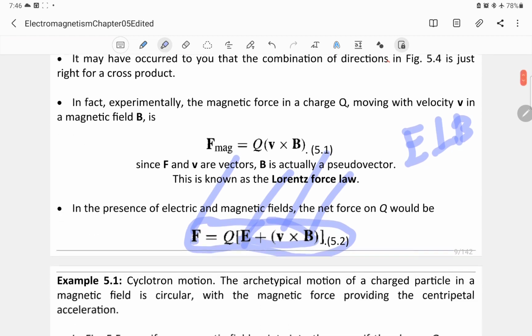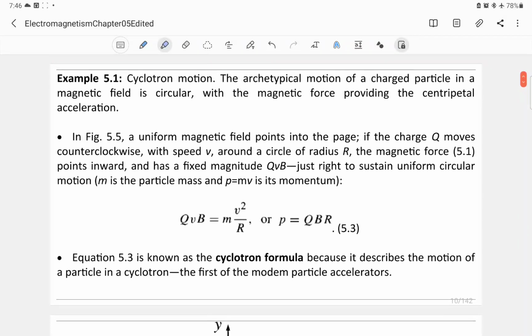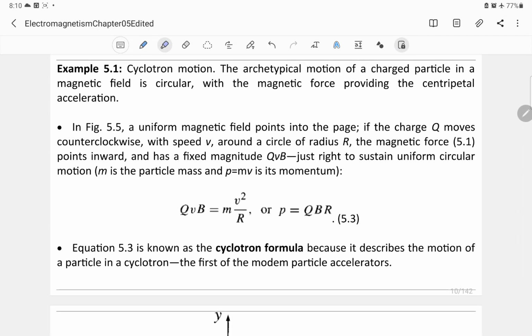Now let's go to the first example. So let's talk about this example. This is about cyclotron motion. The archetypical motion of a charged particle in a magnetic field is circular, with the magnetic force providing the centripetal acceleration.